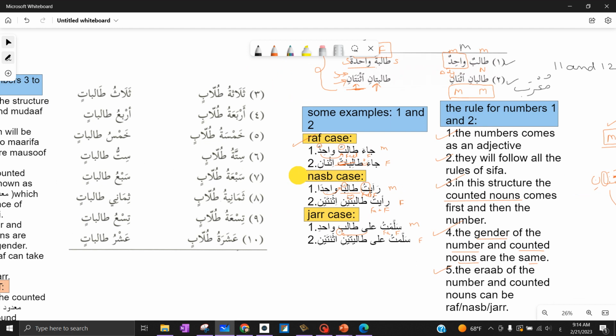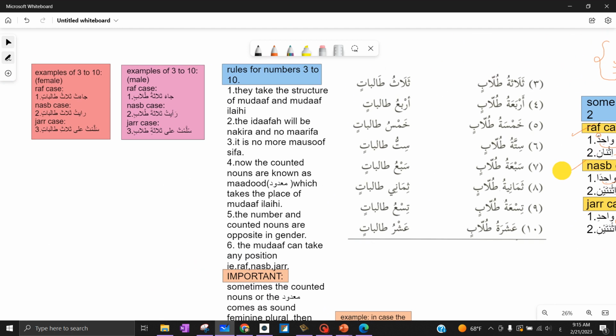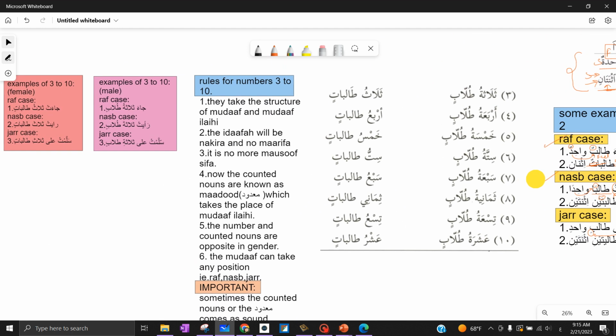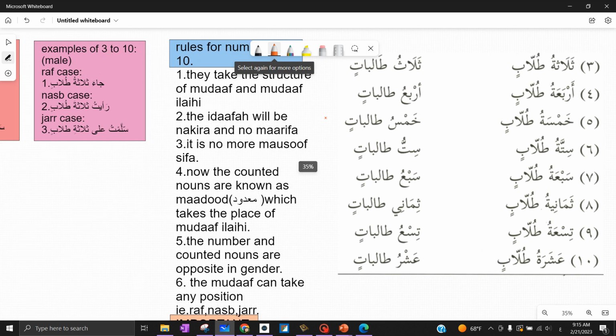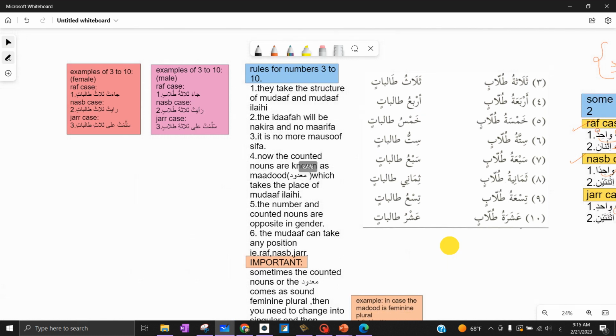Now we will move to the rules of number 3 and 4. So what are the rules for number 3 and 4 here? As we can see here, there are the numbers. Now what are the changes? Let me show you the difference between the two.